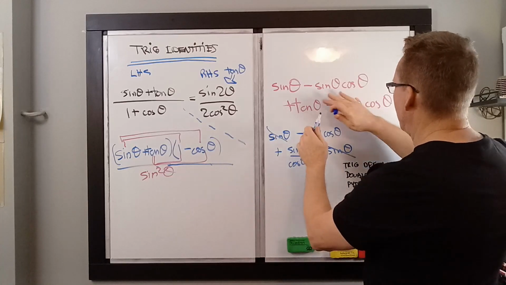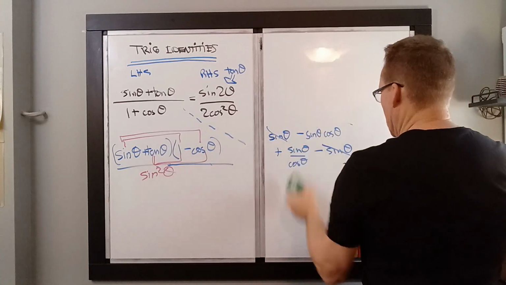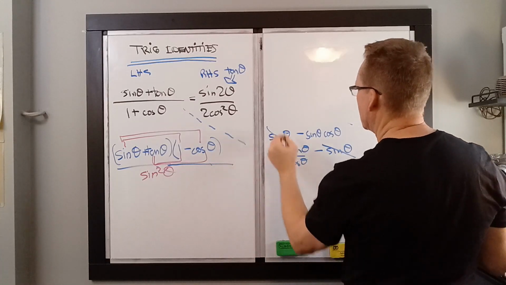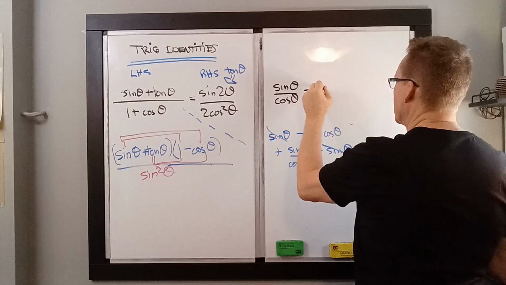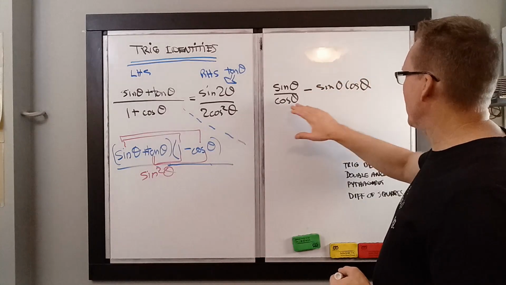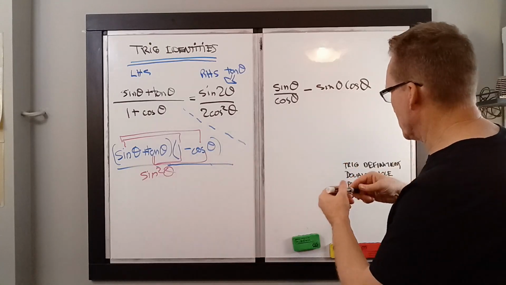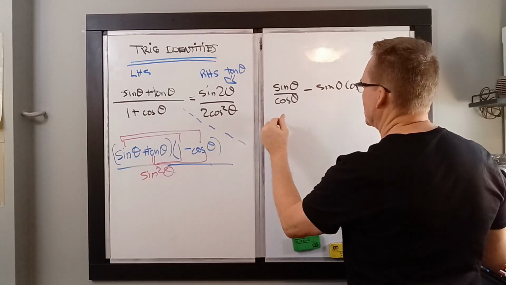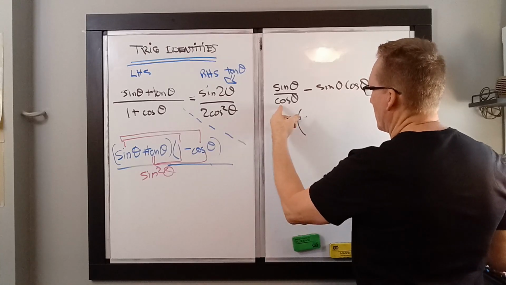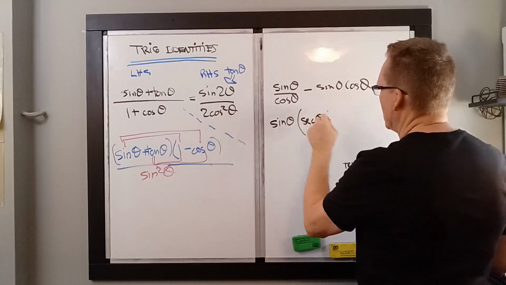So what if I erase this pink and rewrite this up here, changing colors. So I'm going to have this, that's this term, minus sine theta times cos theta. All right, now we've got this sine over cos, and sine times a cos. So what if we try taking out a common sine there? We'll take out a sine theta, and that's 1 over cos. I'm just going to rewrite that as secant just to keep it a little neater.